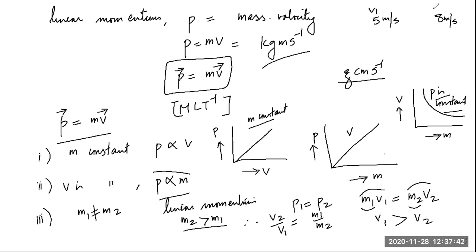So obviously, let's say the momentum is 40 kilogram meter per second. So obviously, students, you can guess what will be m1 and m2. So m1 will be 8 kg and m2 will be 5 kg. This justifies whatever we have discussed. So if you draw, you will get a curve like this, right?